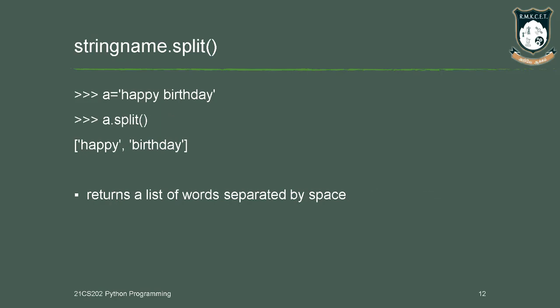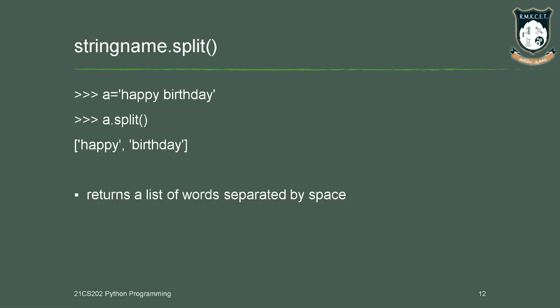Next it is split. The split method will split the words in the string into a list of words. If you pass a two word string, it will be split into a list with two elements, or two items.